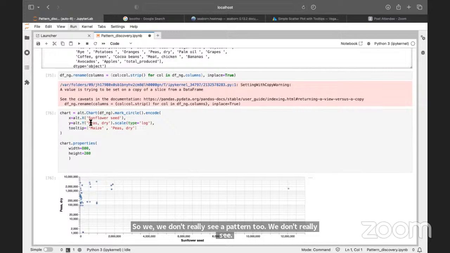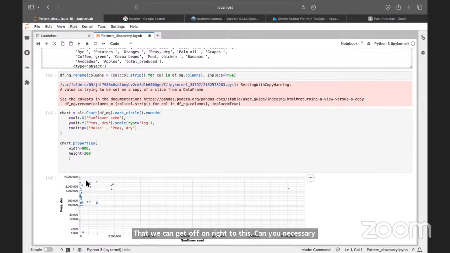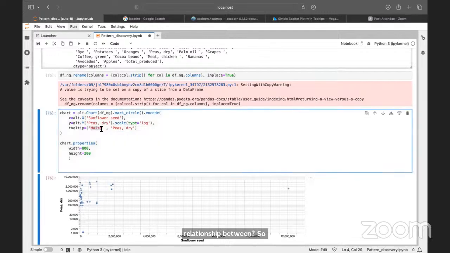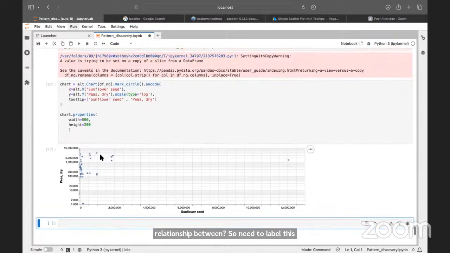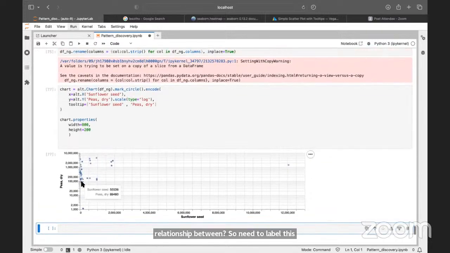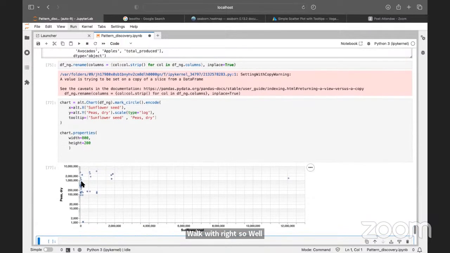Any necessary relationship between, so I need to label this properly. Any relationship that we can really work with, right?